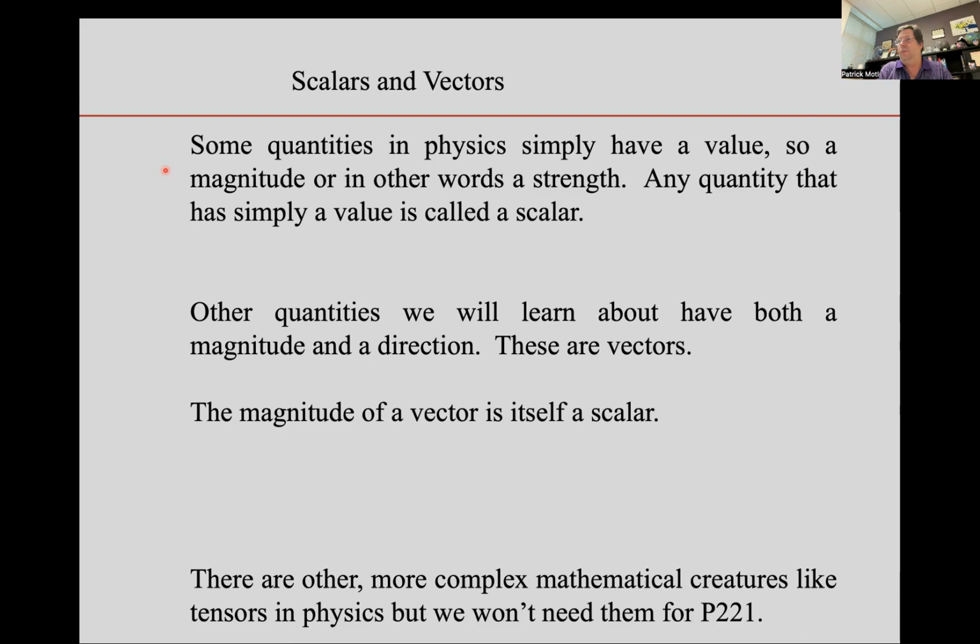So our kinematics variables, things like velocity, acceleration, as we go into Newton's laws of motion, the things that cause acceleration are forces. Those are all represented as vectors because they have both a strength, how strong the quantity is, and the direction that it is acting along, the direction that it points. Okay? So we have things that are just a magnitude. We have things that are a magnitude in a direction. And the magnitude of a vector is itself a scalar.